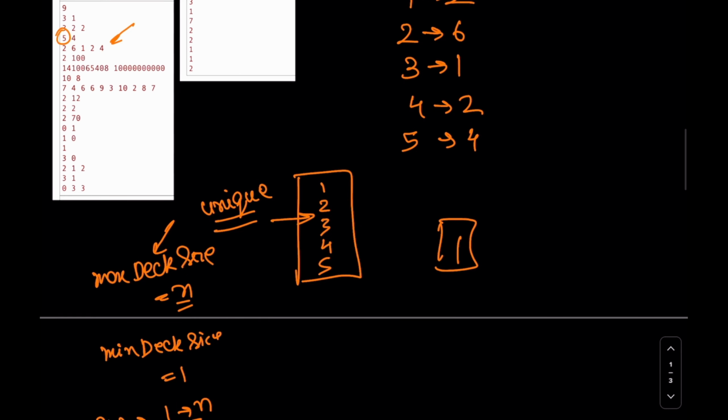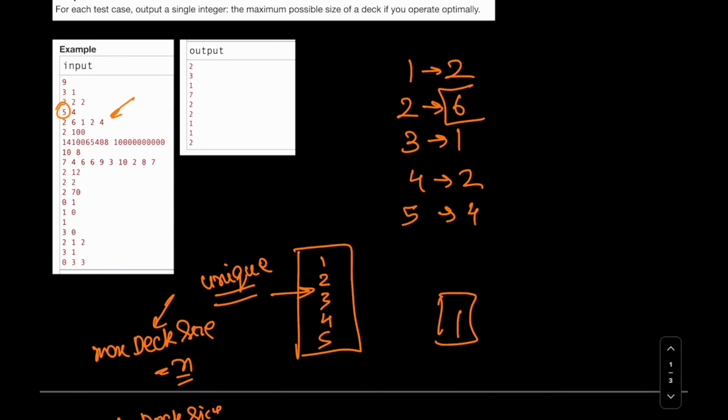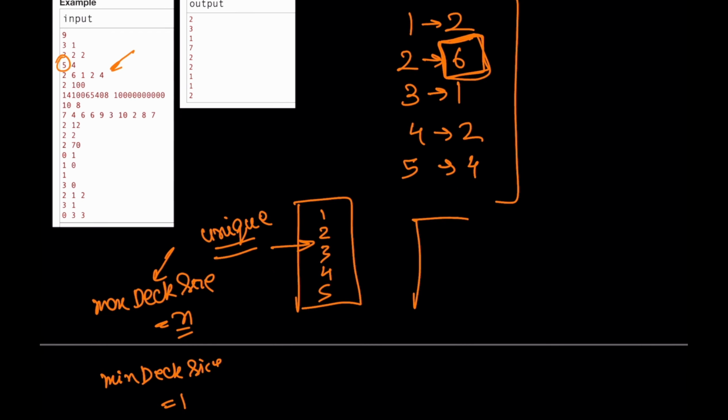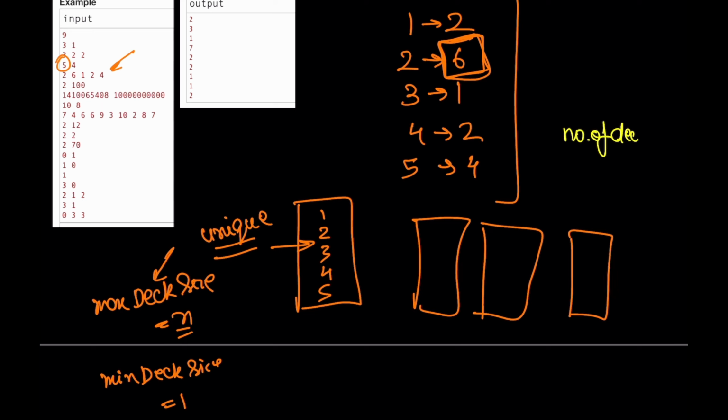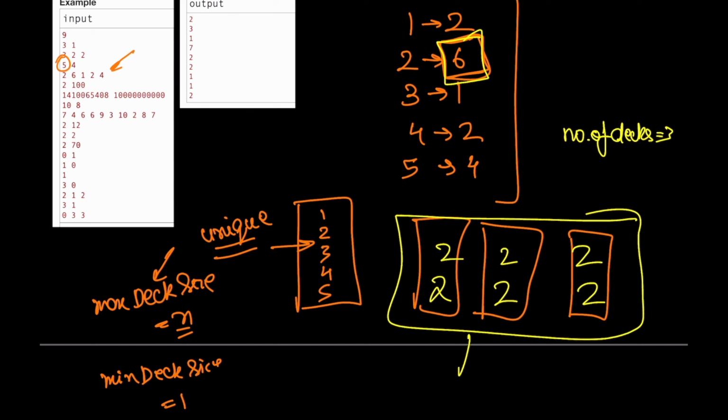Another thing we can note is that the number of decks would always be greater than or equal to the maximum count of any number. Let's suppose I have 3 decks. If I try to divide these 2s into these decks, it will be 2, 2, 2, 2, 2, 2, so this combination is not possible.